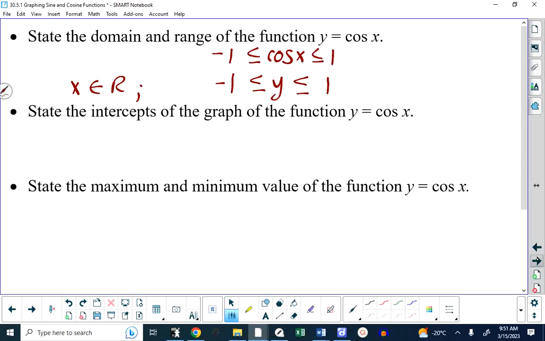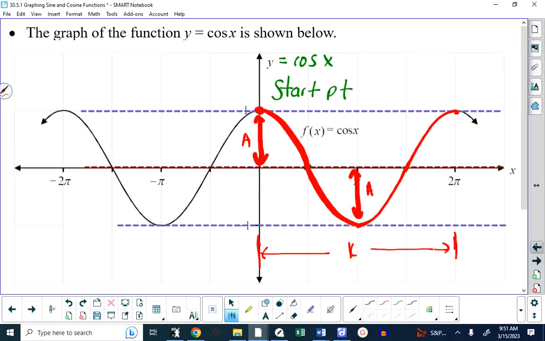The intercepts are a little bit more difficult. The y-intercept is 1. The x-intercepts are not the same as in sine of x, and you could look back if you wanted to. In sine of x, the intercepts for x were multiples of pi. But this graph has an x-intercept at pi over 2.